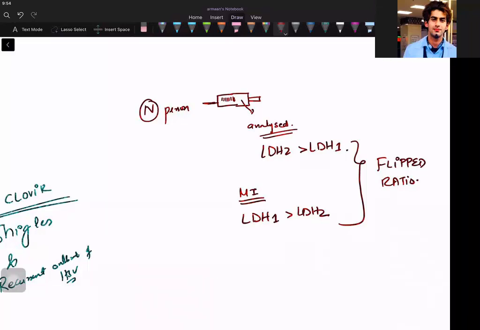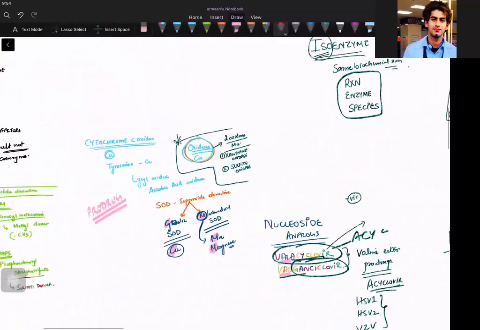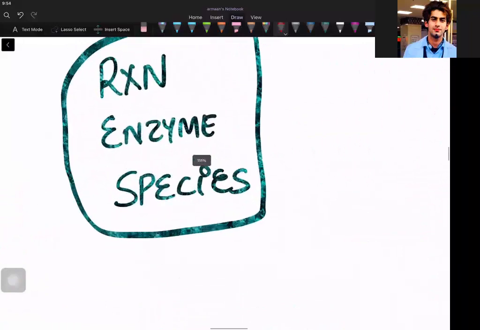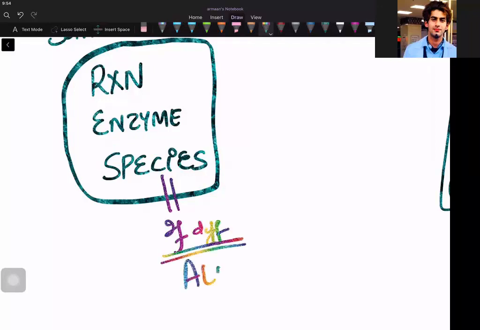By the way, in isoenzymes we have a reaction by the same enzyme, same species. But what if the species is different? If the species is different, then we don't call it an isoenzyme. We call it an alloenzyme. This question was asked in the medical entrance test, in the licensing exam.